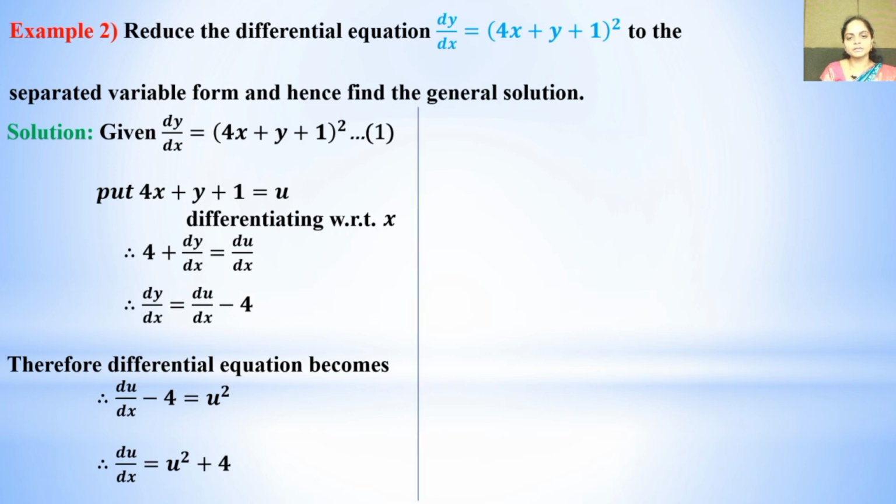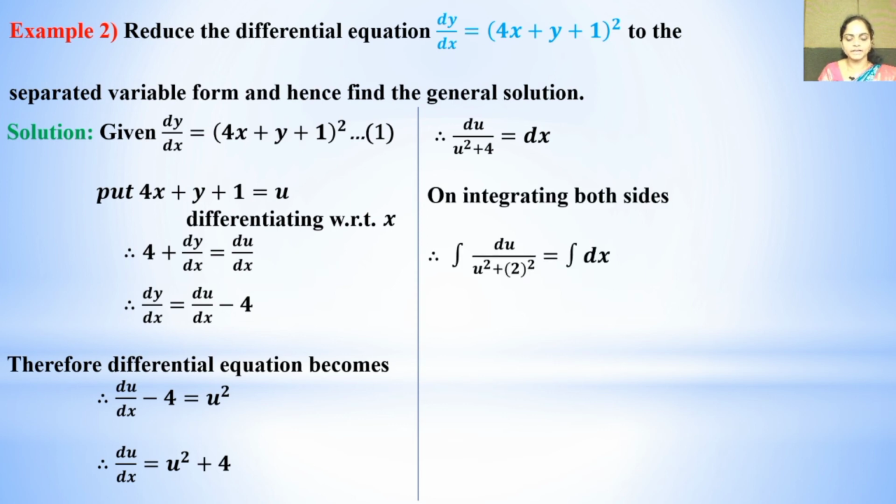Now, we take the terms of u on the LHS and the terms of x on the RHS. Therefore, du divided by (u square plus 4) is equal to dx. This is our variable separable form. On integrating both sides, integration of du divided by (u square plus 4), which can be written in the form of 2 square, is equal to integration of dx.